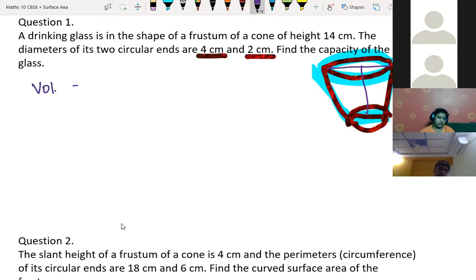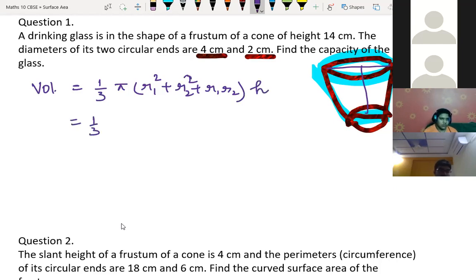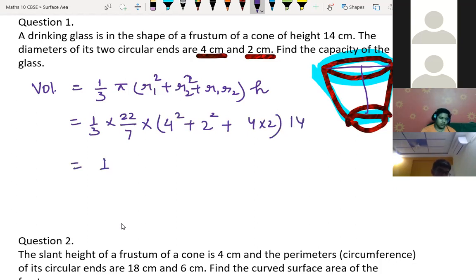Volume is equal to 1 by 3 pi, R1 square plus R2 square plus R1 R2, into H. So 1 by 3 into 22 by 7 into 4 square plus 2 square plus 4 into 2, into H which is 14. So 1 by 3 into 22 by 7 into 16 plus 4 plus 8, into 14.